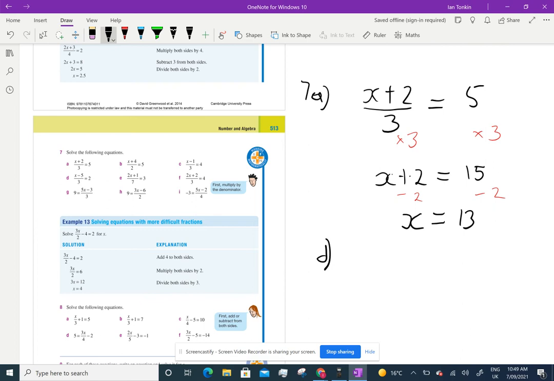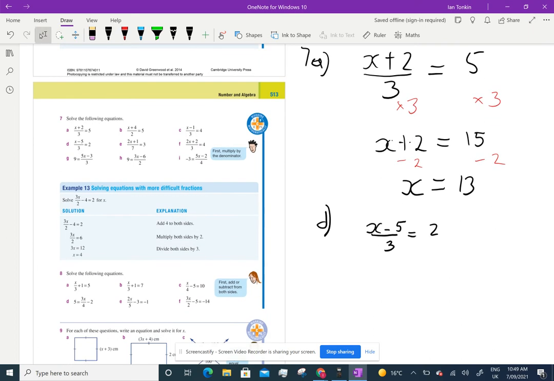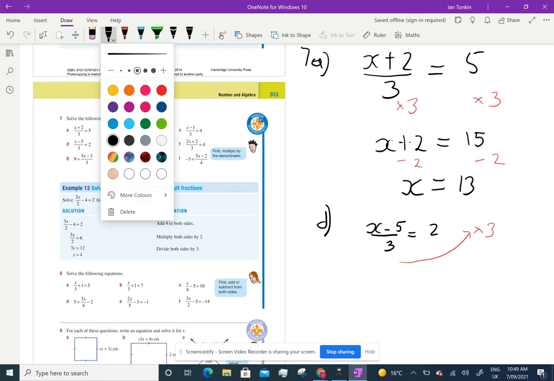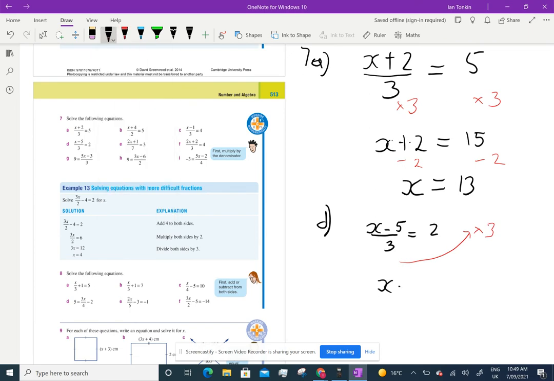Go to D. You have a go at it before I do it. X minus 5 over 3 equals 2. All right, well, what do I do? Again, I multiply by the 3. I'm going to use the other method. I'm going to go, oh, I'll move that over there times the 3. If you like that method, that's good for you. X minus 5 equals 6.